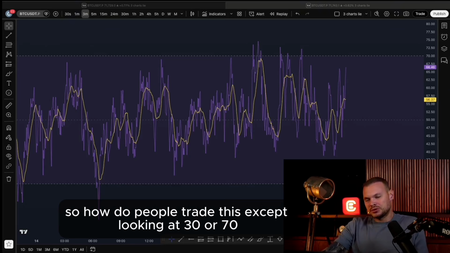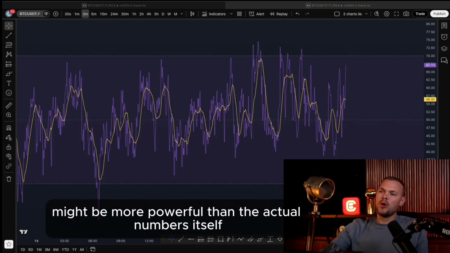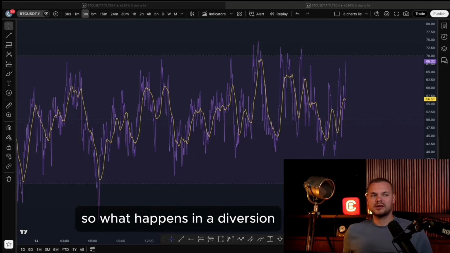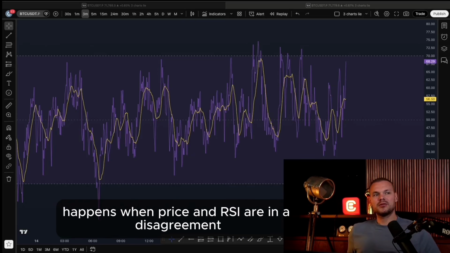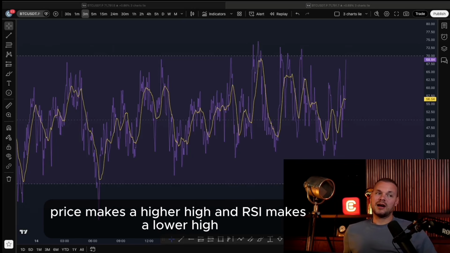So how do people trade this except looking at 30 or 70? Well, divergences. And divergences might be more powerful than the actual numbers itself. So a divergence happens when price and RSI are in disagreement. Well, you would say, how can RSI and price disagree? Well, price makes a higher high and RSI makes a lower high.